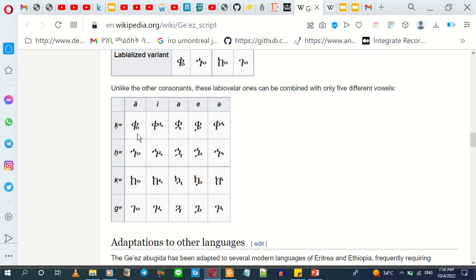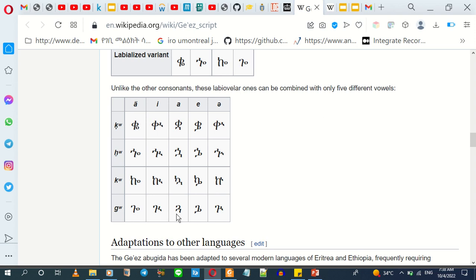So this is the sound qa, qu, qi, qa, qe, q, like that. Then the labialized forms: qua, qui, qua, que, q.